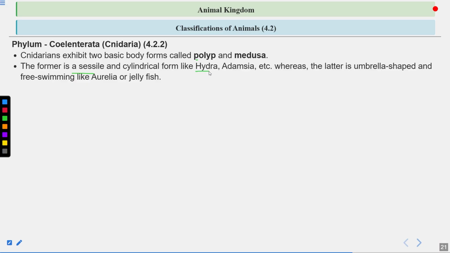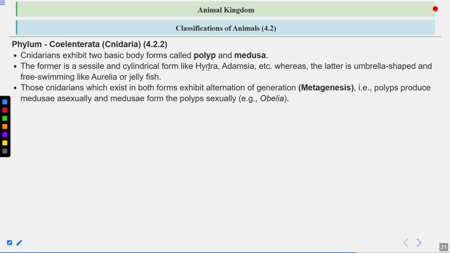They are like Hydra and Adamsia, the polyp stages that we see in the case of Hydra and Adamsia, whereas the latter, the medusa, is umbrella shaped, and they are free swimming like we see in the case of Aurelia or jellyfish. So two stages we see in different organisms, but in some cnidarians both the stages are seen in only one organism, like here in the case of Obelia.